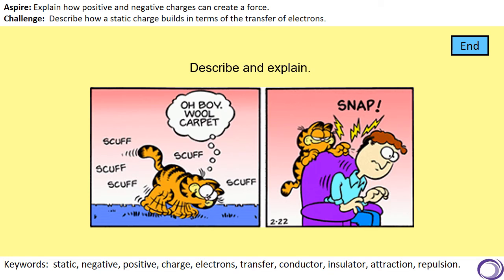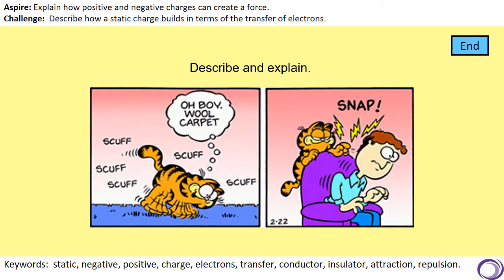He then jumps onto the chair, and when he comes into contact with someone that's touching the floor, he's earthing himself, and all those extra electrons on Garfield will start to jump down towards the earth, and that'll cause a spark. So that spark is electrons transferring from Garfield to the ground.